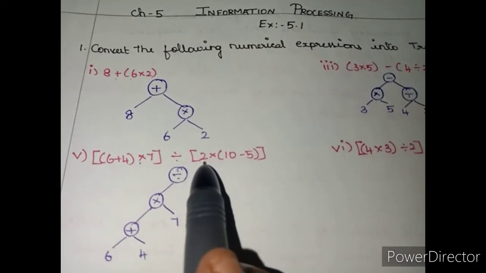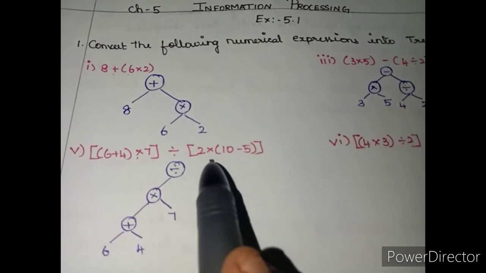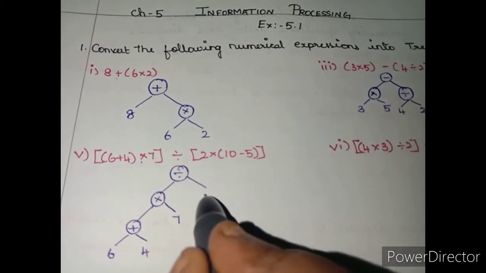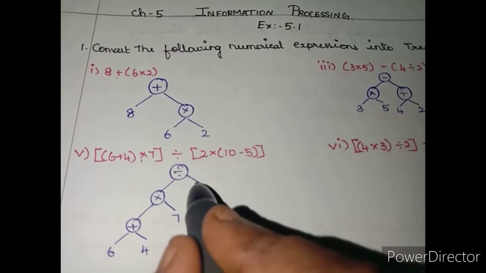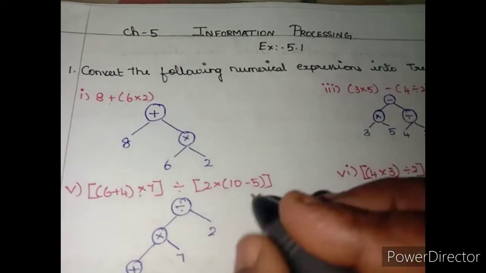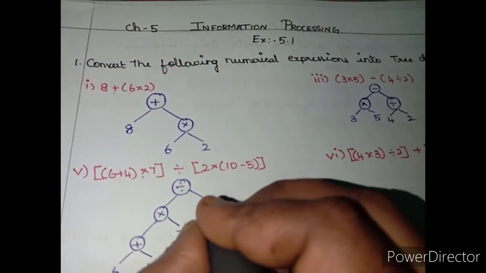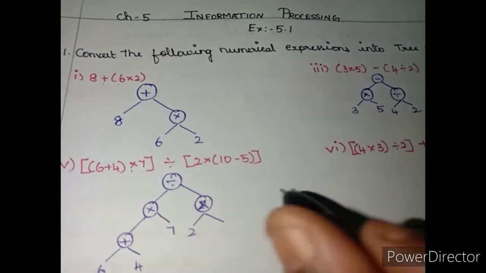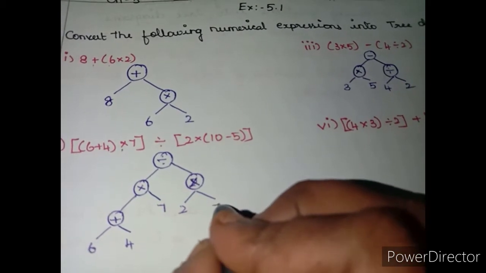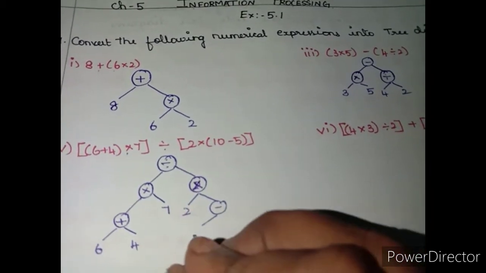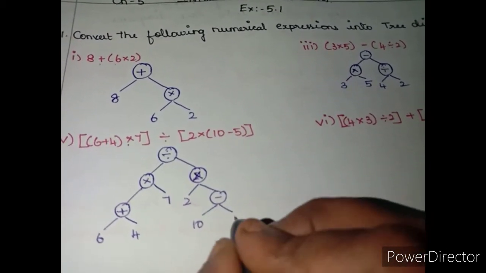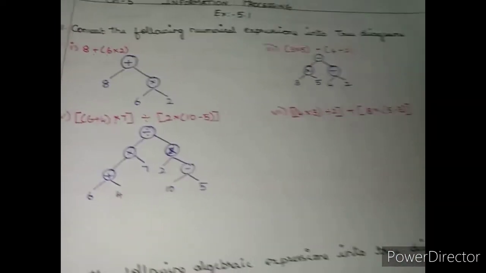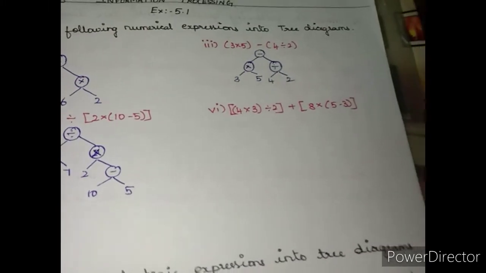See here, 2 into 10 minus 5. So it is multiplication, then 2, then 10 minus 5, minus, 10 and 5. Is that clear? We'll go with the next question. I hope you're all clear with this.